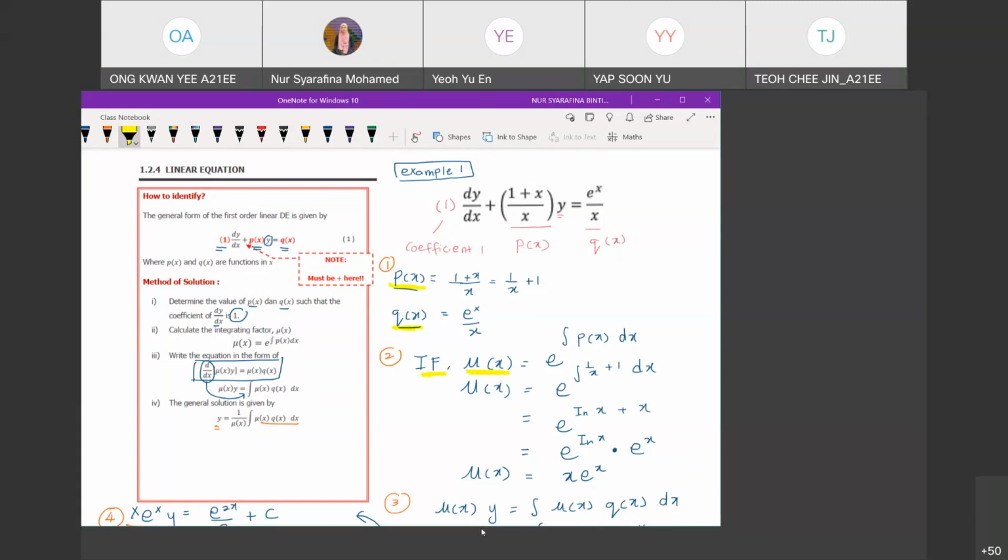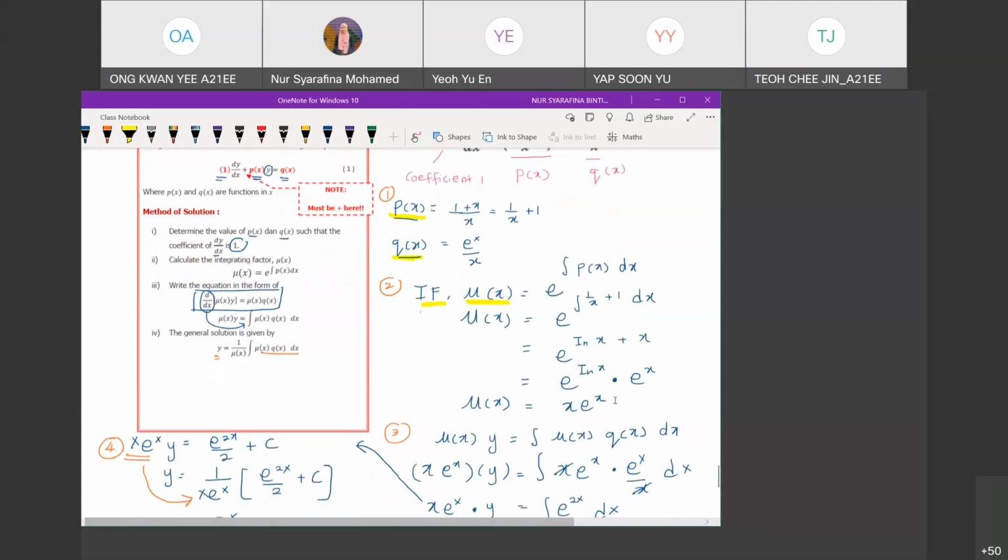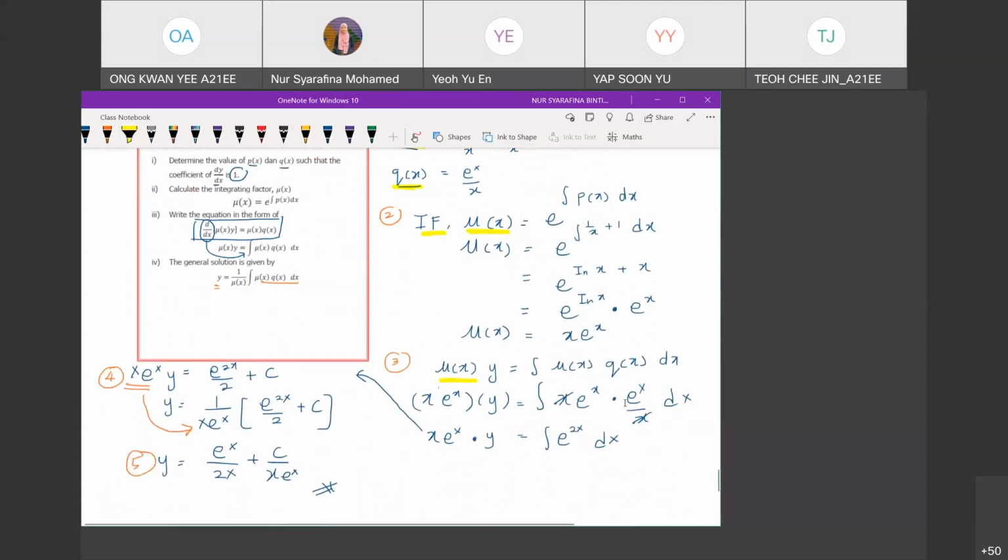Once you obtain your integrating factor, just substitute into mu(x) y equals the integral of mu(x) Q(x) with respect to x. Then solving this, you can find what your y is, and this is the final answer. Is that clear? This is for linear equations. Anyone has any questions? Easy, right?